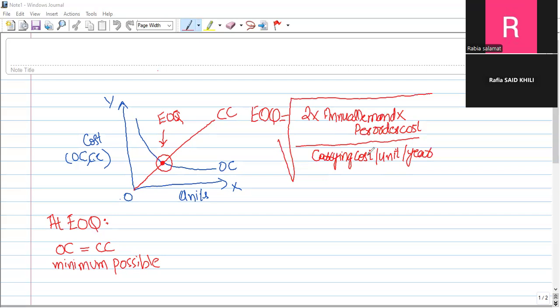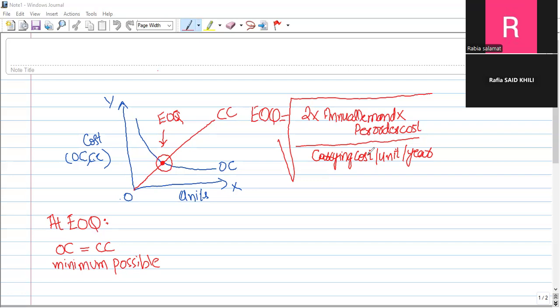2 is given according to the formula, 2 into annual demand. Annual demand, we always take the demand annually, not half yearly, not monthly. If it is given half yearly, we convert it annually. If it is monthly, we have to convert it annually. Into per order cost, we need the cost of placing one order, divided by carrying cost per unit per year.